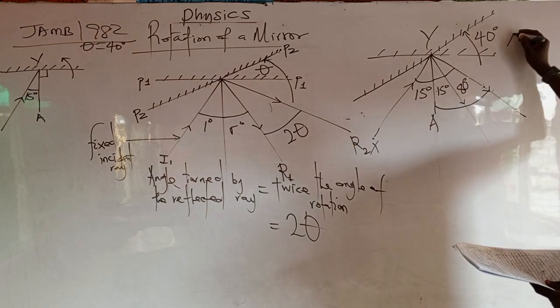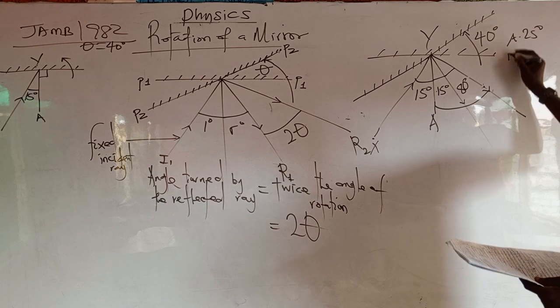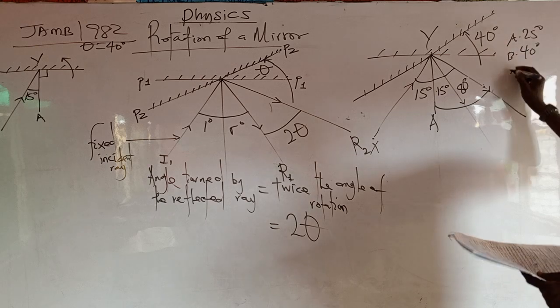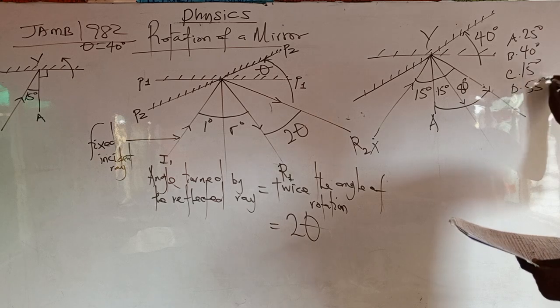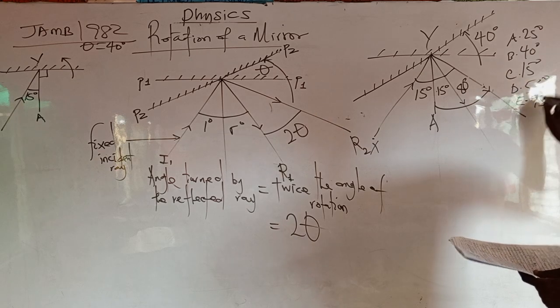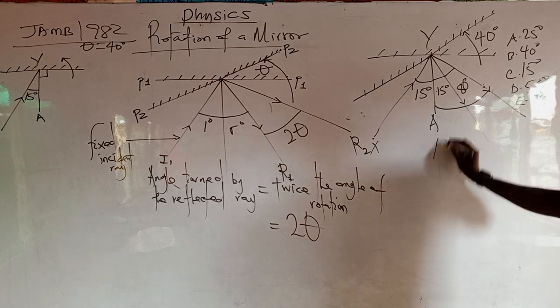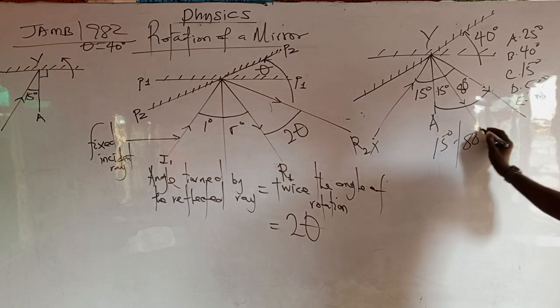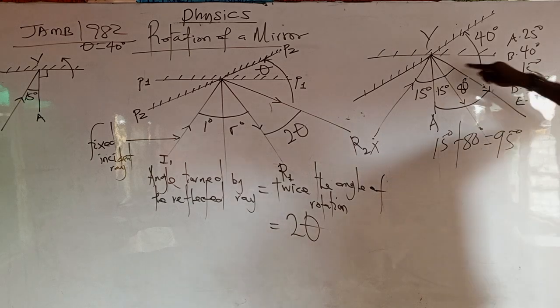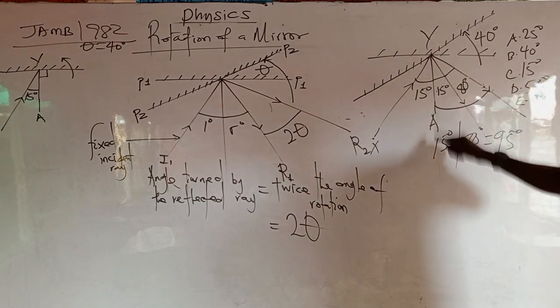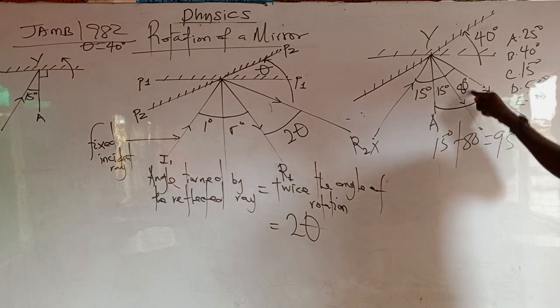See the options. Option A, we have 25 degrees. Option B, 40 degrees. Option C, 15 degrees. Option D, 55 degrees. And option E, 95 degrees. The answer is 15 plus 80, which is 95 degrees. Look at this. The angle between the reflected ray and AY is 15 plus 80.